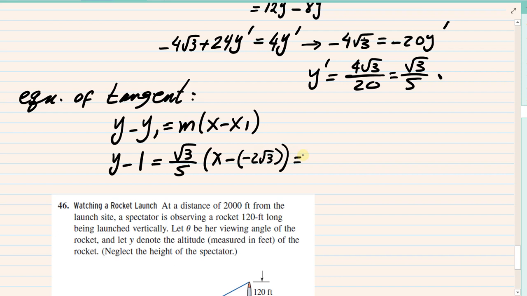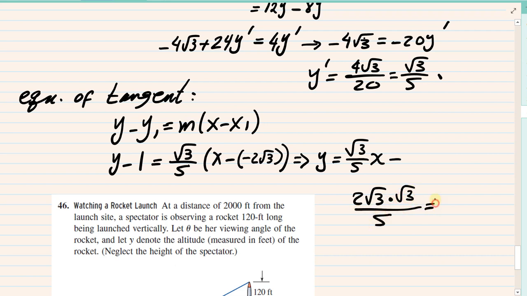So that's going to be the equation, and of course we can isolate for y. So y is going to be root 3 over 5, that's the slope, and the double negative makes positive, positive 2 root 3, so I have 2 root 3 times root 3 over 5 in front.